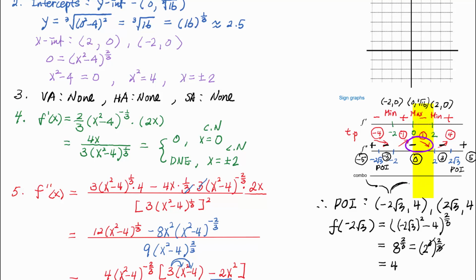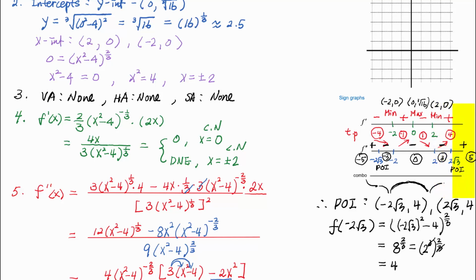So it's still an umbrella shape, and it's going to go down. And then from 2 to 2 radical 3, f prime is positive, so the graph is increasing, but concavity is negative. So it's concave down. So it's an umbrella shape that is increasing.